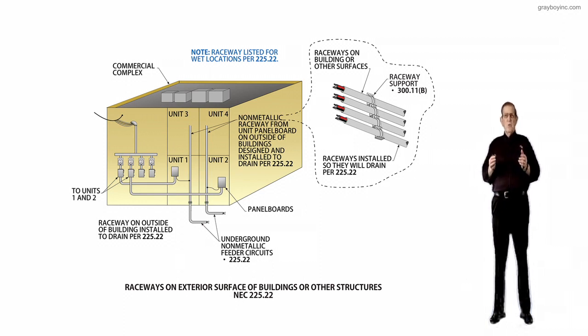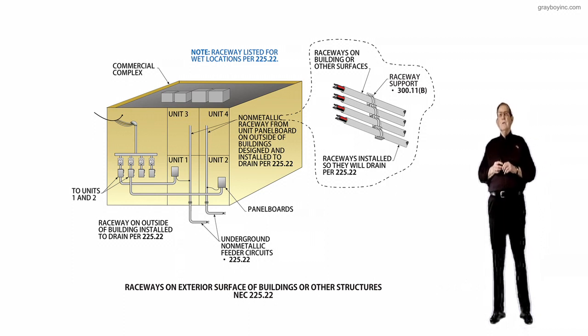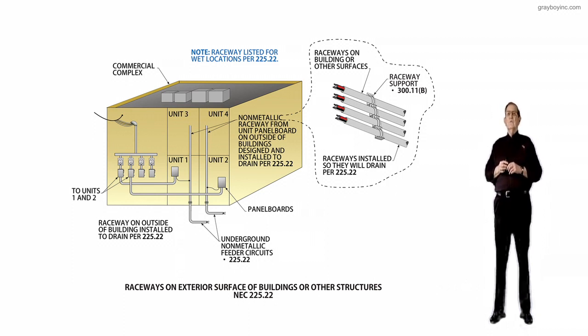So I think this pretty well covers 225.22 and what is required when we install raceways and equipment and so forth to prevent the drainage of rainwater and condensation to the electrical equipment itself, so deterioration could set in, corrosion, and that kind of thing.